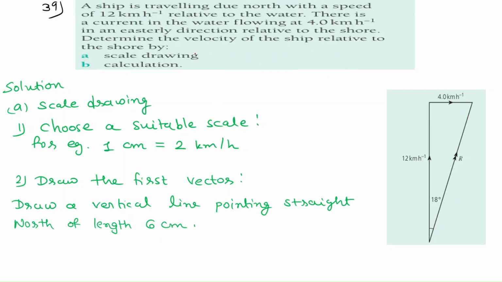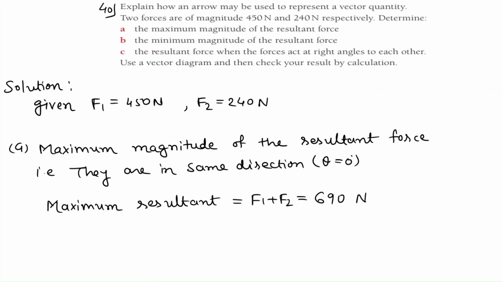So in the exam, if they do not mention any method, you can go for either one. And if they mention one, then do as they say. Okay, now question number 40. In question number 40, explain how an arrow may be used to represent a vector quantity.